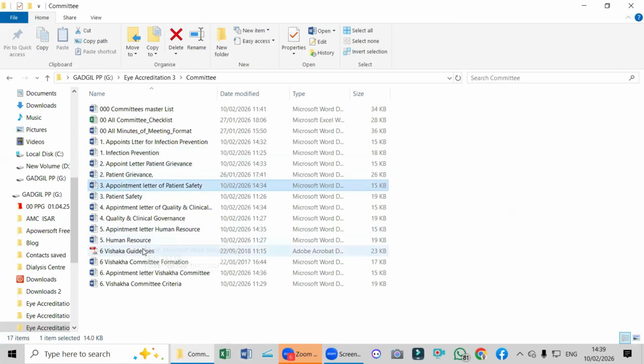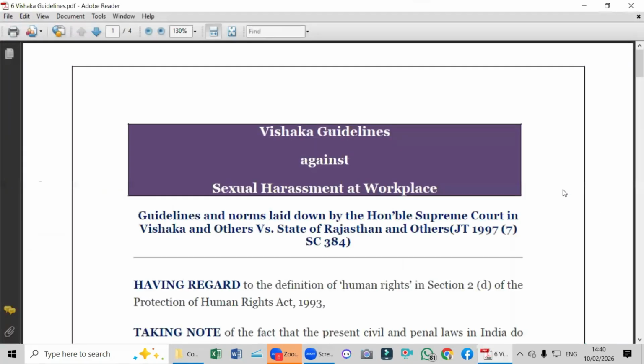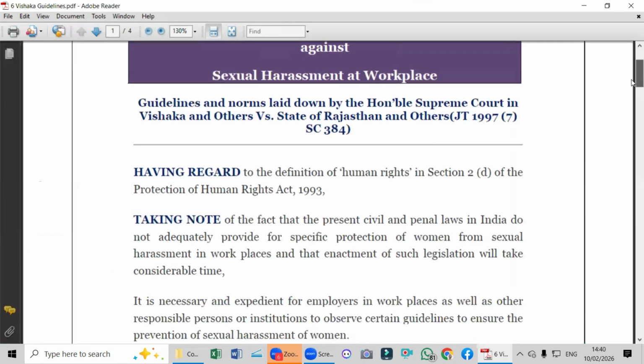Now, if you come to the Vishaka guidelines, these are the guidelines given by the Supreme Court for what should be there. They were laid down by the Honorable Supreme Court in Vishaka and others versus State of Rajasthan and others, so this is against that judgment.